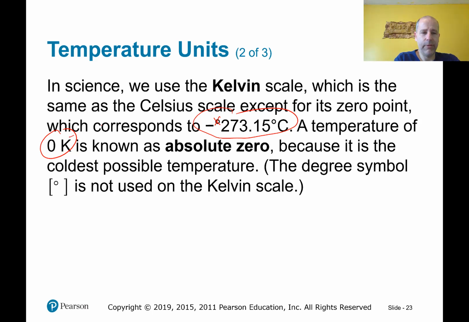So 0 Kelvin corresponds to this negative 273.15 degrees Celsius. It's called absolute zero. It's a theoretical temperature at which atoms stop moving. Okay, we've never reached it. We've gotten really close, but we haven't reached it. And again, it's the coldest possible temperature. Now, we don't use the degree sign with Kelvin. We just use the capital K.